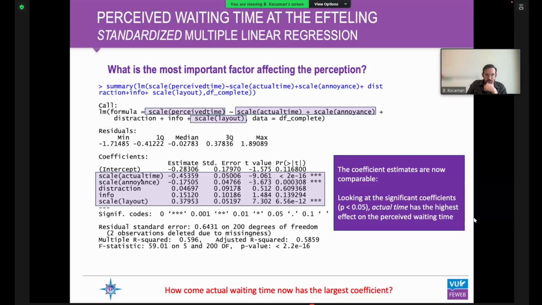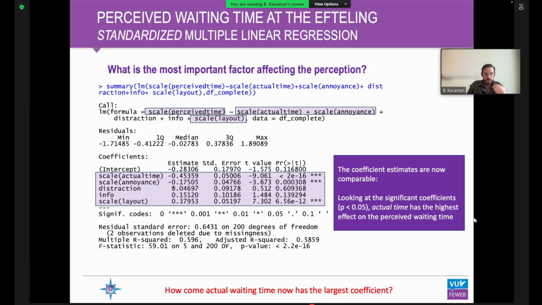This means, for instance, for actual time, if you increase actual time by 1 standard deviation, the perception of the waiting time decreases by 0.45 standard deviation.